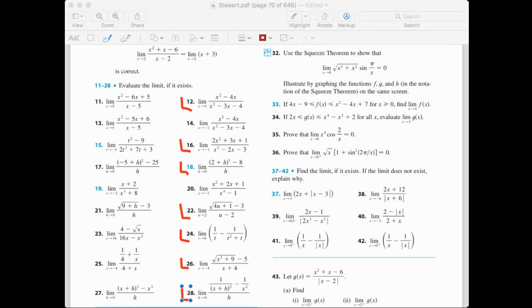So next class we will start with these questions as review, questions 12 up to 26. We don't have time today anymore. Before we finish, anybody has any question?